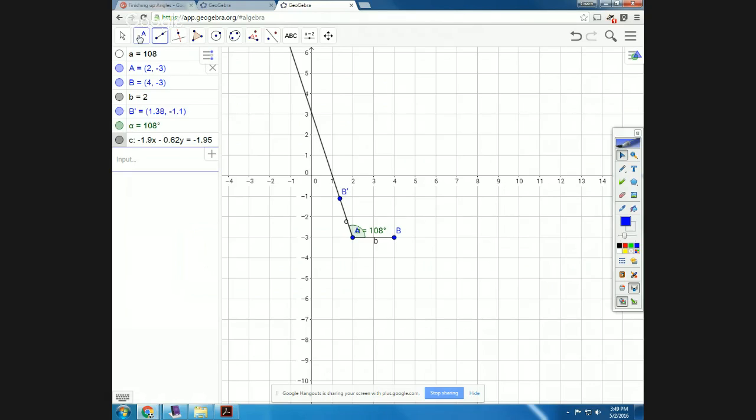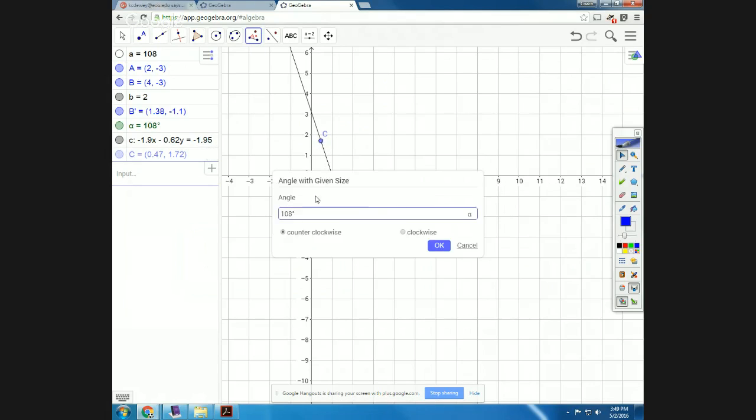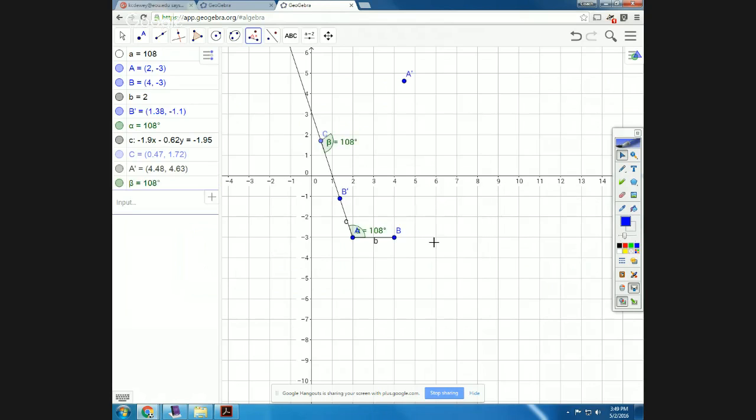So I'm just going to pick some point out here further, maybe right here. And then I'm going to head out 108 degrees from there and see what happens. Angle of a given size from here through there, and there's 108. So here's my next one.